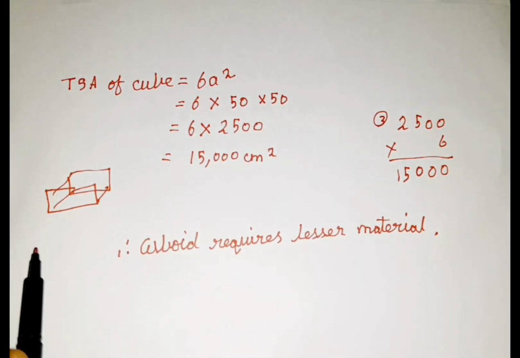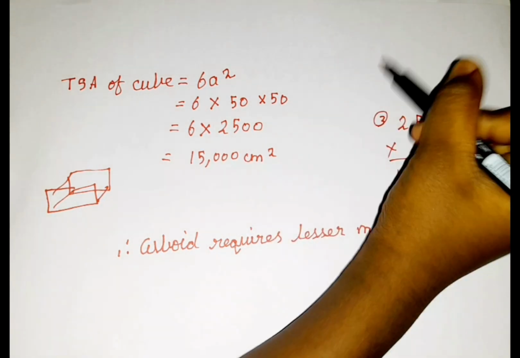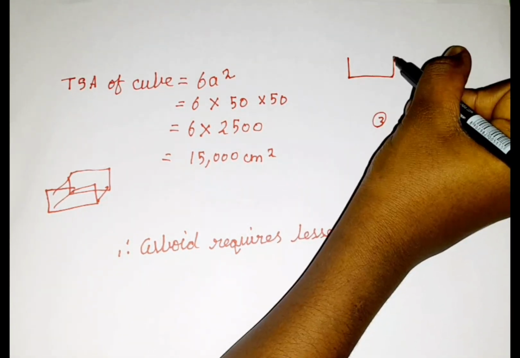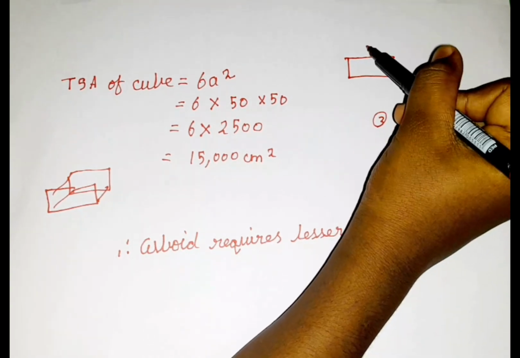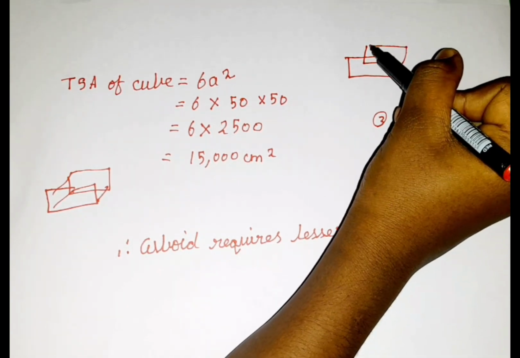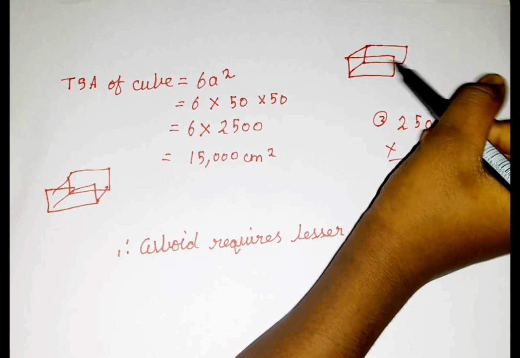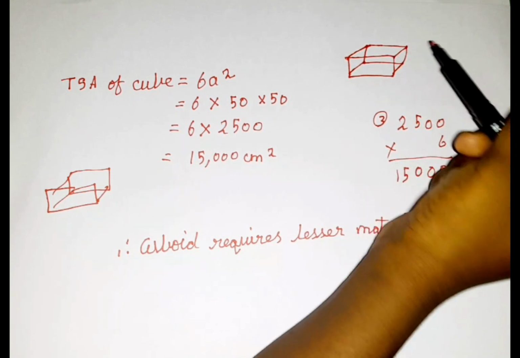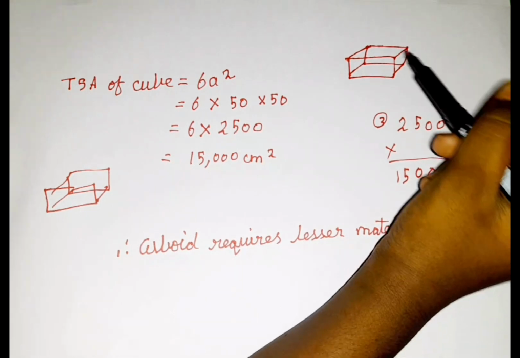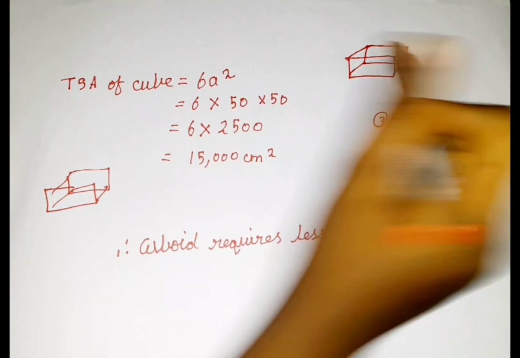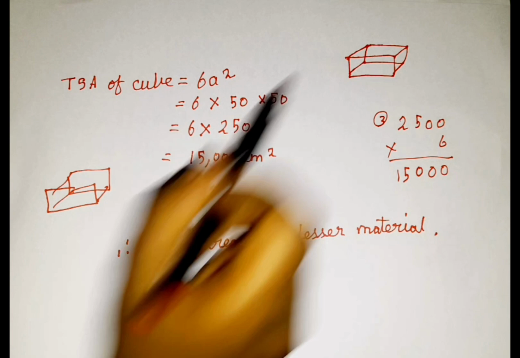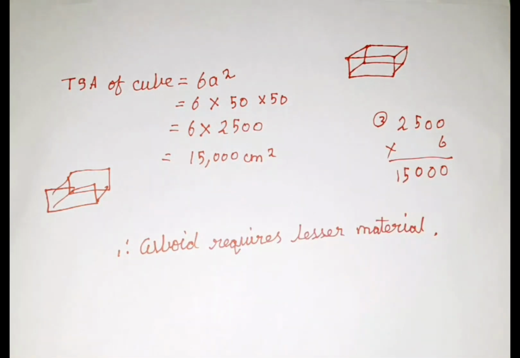To make the cuboid, as you guys can see, first I am making a rectangle, then again I am making a rectangle on top and I am connecting it. To make the cuboid, I drew it completely without missing any step and I covered all the parts. You guys should know whether it's covering all the parts. Here I covered all the parts. That's why we took TSA of cube and cuboid.